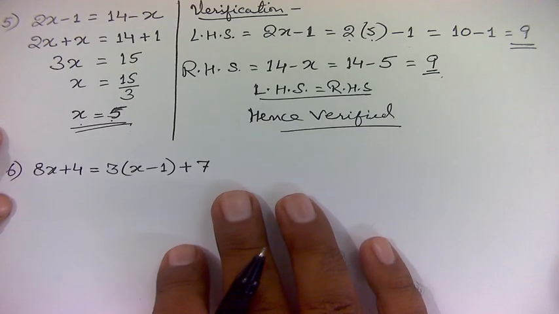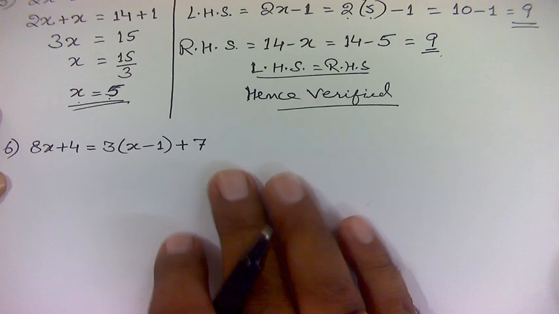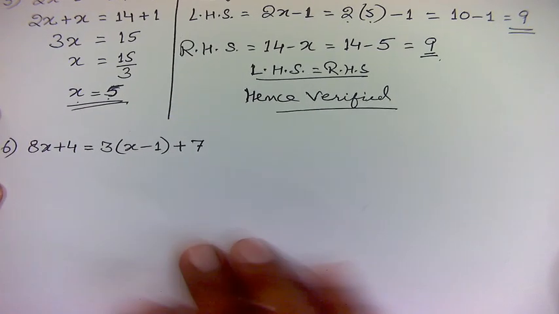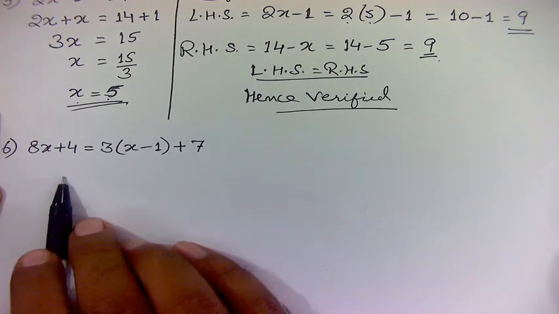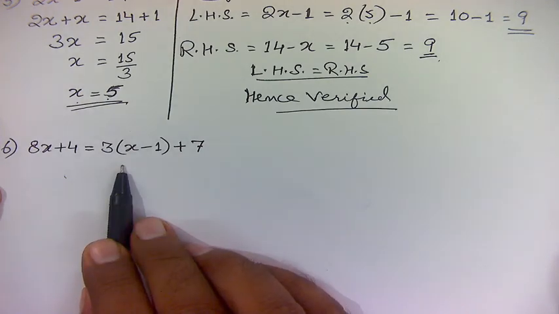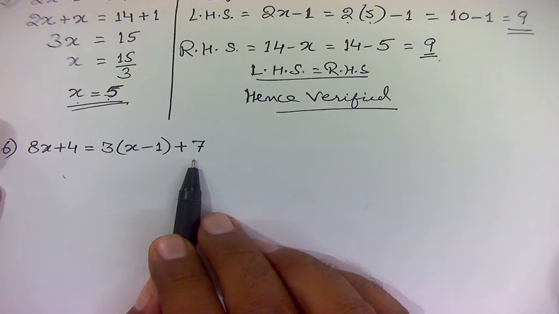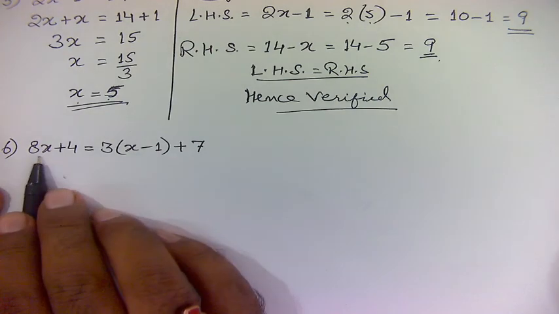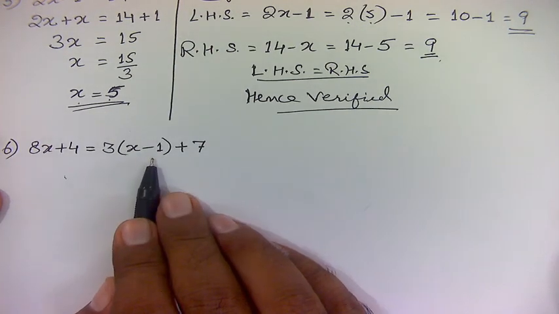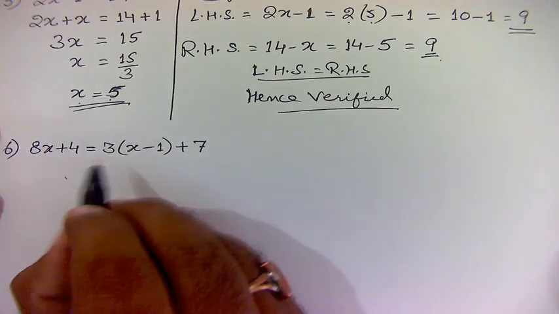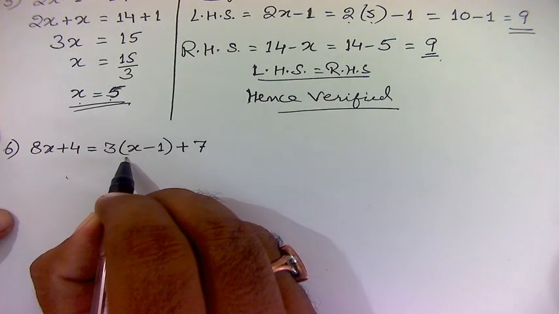Now question number 6. The question 6 is 8x plus 4 is equal to 3 times (x minus 1) plus 7. Now here the variable is again on both sides, but what we have is a bracket on the right side.